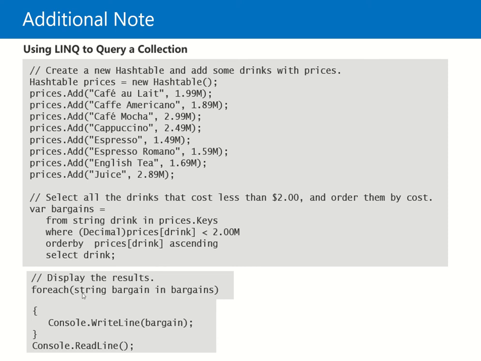For each in bargains, you create a string variable, whatever the name, let's say bargain, to temporarily store each value retrieved from bargains, and then I write it to the console. Console write line bargain.